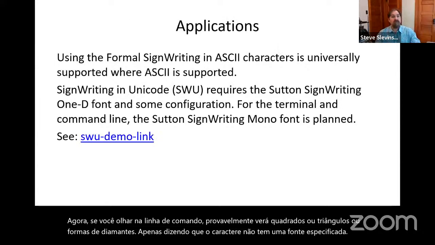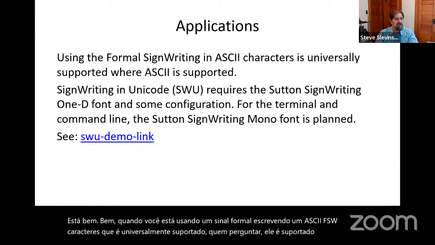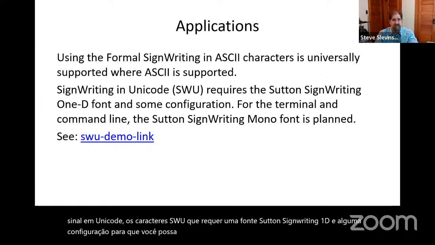All right, well, when you're using formal SignWriting in ASCII, FSW characters, that's universally supported wherever ASCII is supported. Now, the SignWriting in Unicode, the SWU characters, that requires a Sutton SignWriting 1D font and some configuration so that you can view it in the various applications.